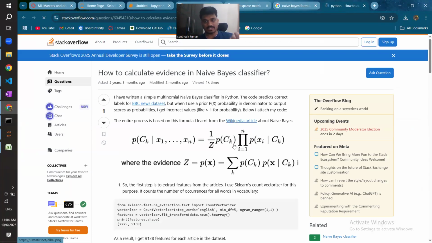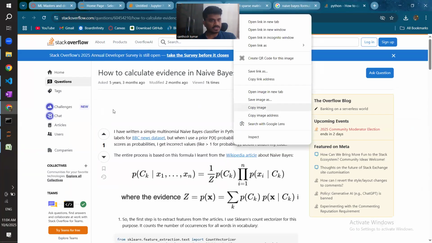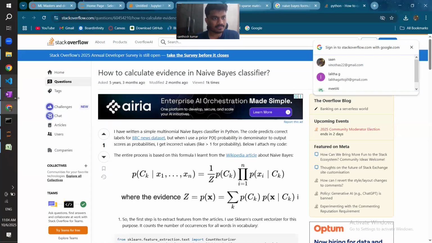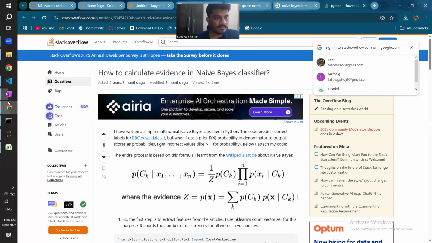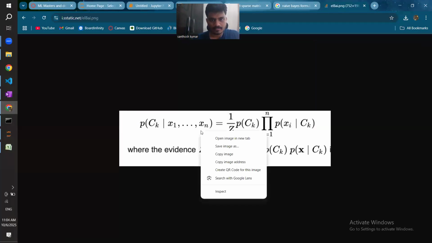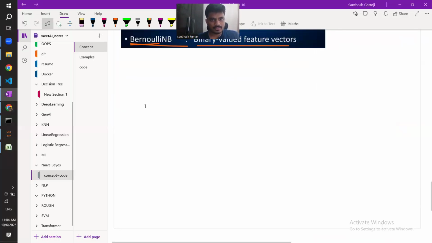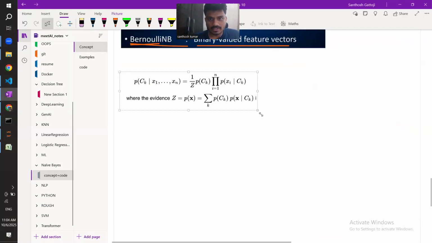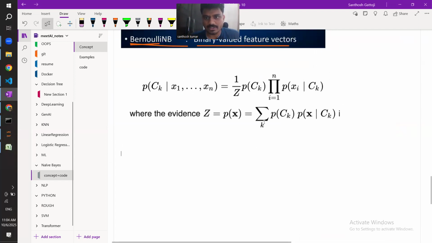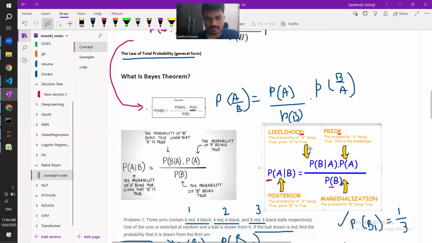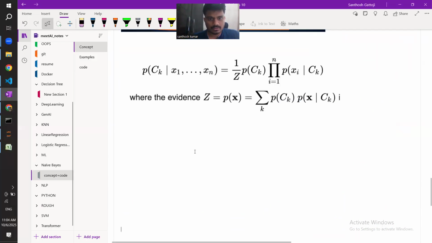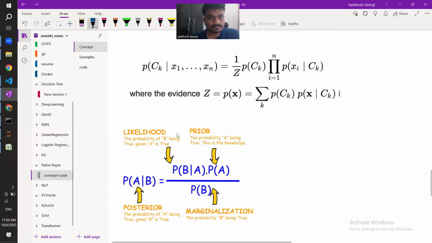Over here, if you see suddenly, this might look scary, but it is exactly what we have studied. What they're saying is nothing special. They're saying probability of the output variable, C of k is the output variable.